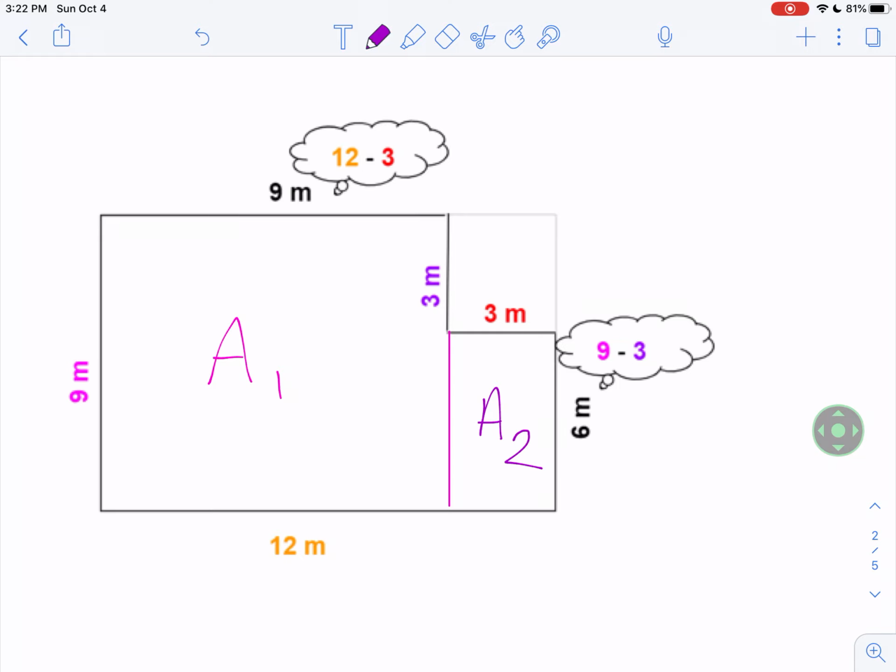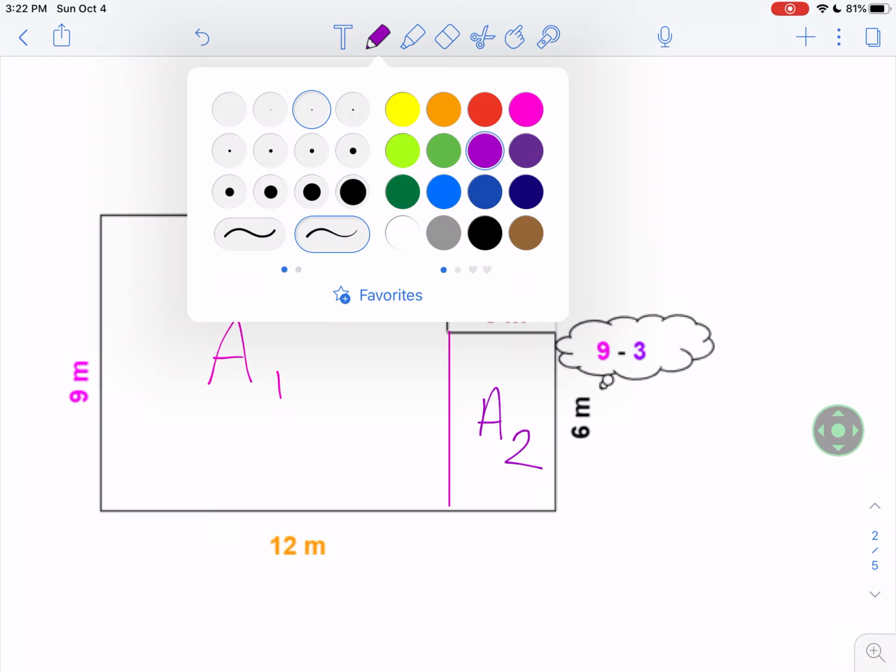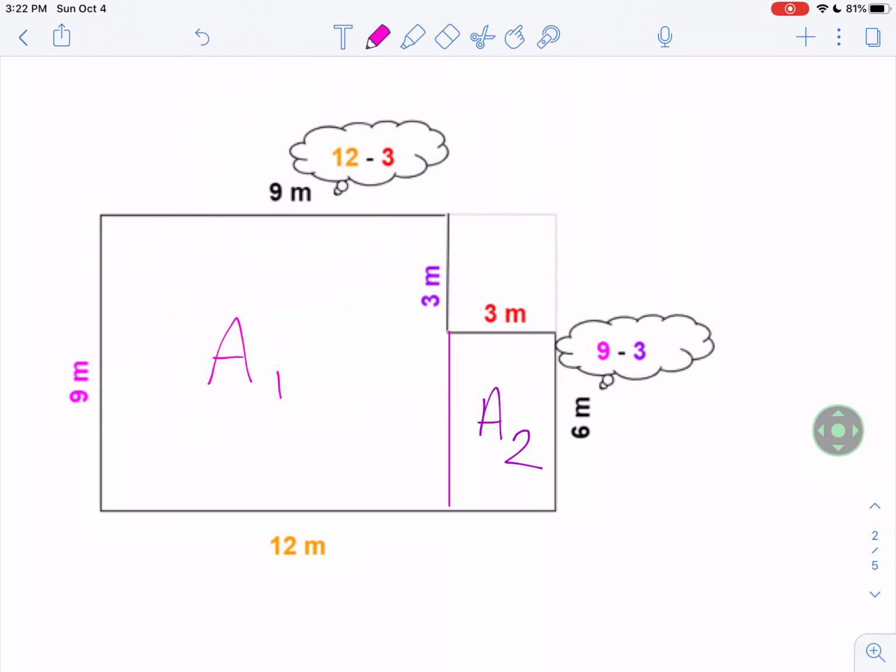The first one actually, I guess, is a square. So for area 1, to find the area of a square or rectangle, we just multiply the length times the width. So 9 times 9 is area 1, and that would give us 81 meters squared.